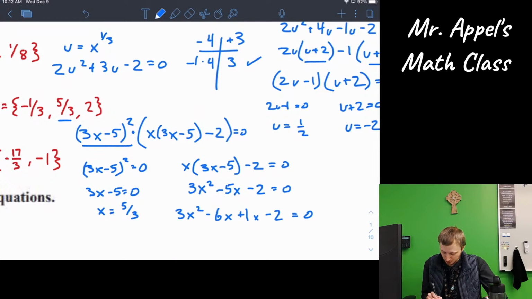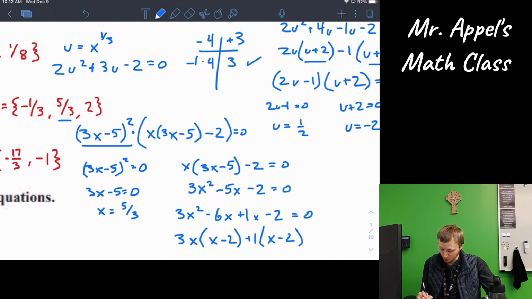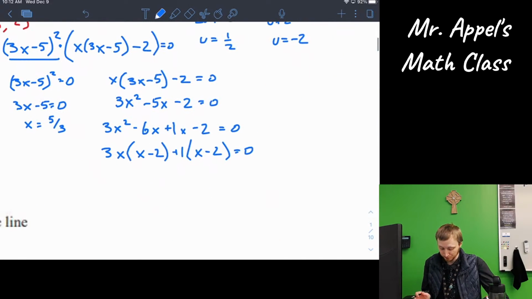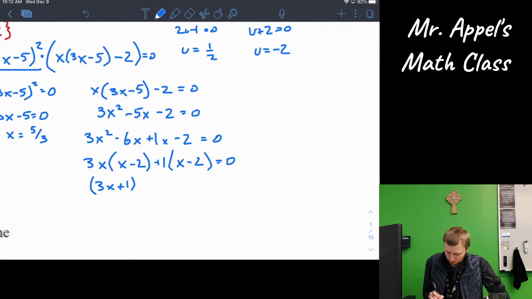Factor by grouping, pull out 3x, leaves us x minus 2. Pull out a positive 1, that's fine, times x minus 2, because I want to make those match. Equals 0. So we get 3x plus 1 times x minus 2 equals 0.